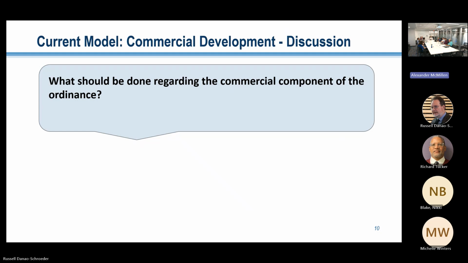We haven't seen a lot of commercial development over the last 5 years. The office vacancy in Arlington is a matter of concern, and we haven't seen a lot of site plans coming in for commercial.